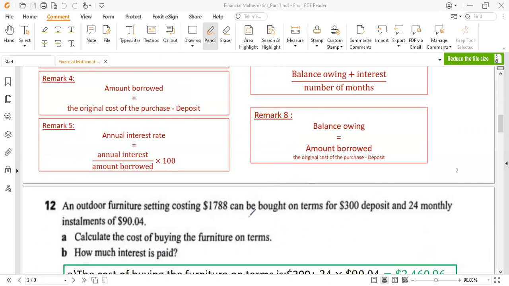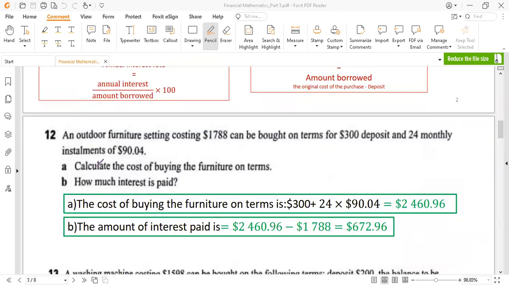Normally we have an outdoor furniture setting costing $1,788 that can be bought on terms for a $300 deposit and 24 monthly installments of $90.04. So the total is the sum of the deposit and the 24 monthly payments, each installment equal to $90.04.